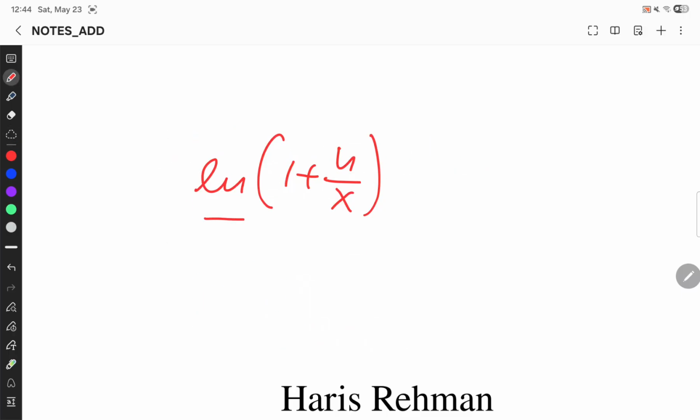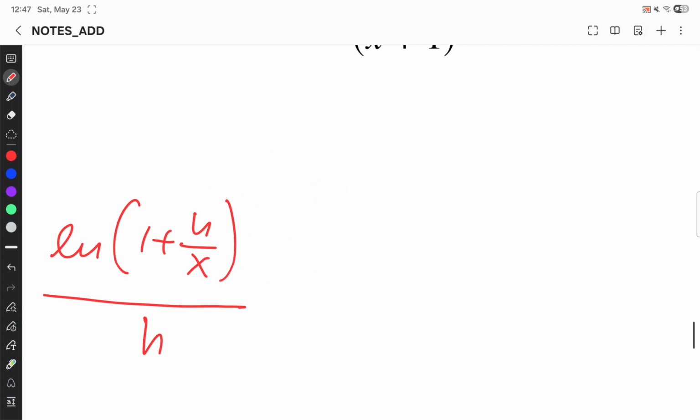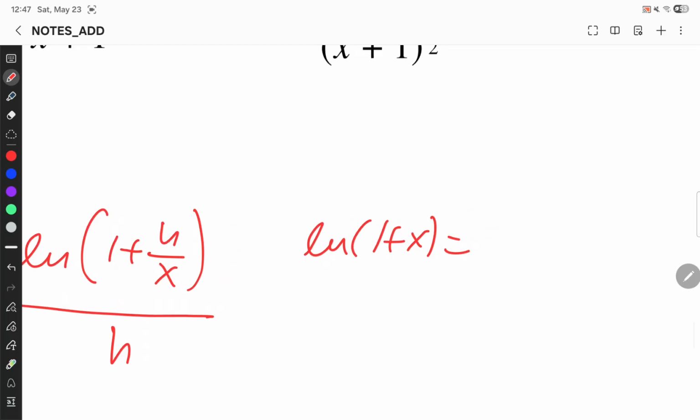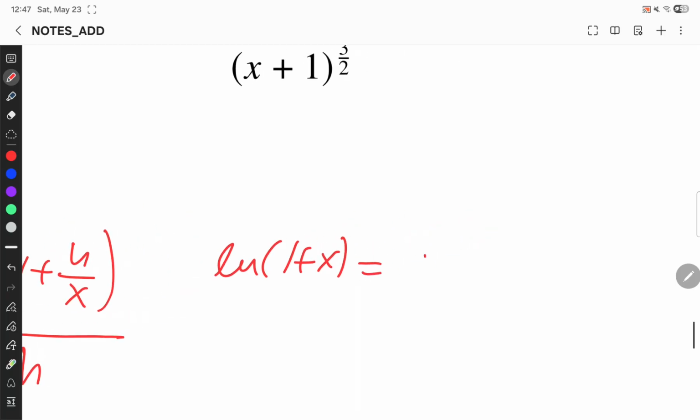This all under h. Now this is h, and okay, from the back of our hands we one day remembered natural log of 1 plus x gave us the series, the infinite sum x minus x squared over 2 plus x cubed over 3 blah blah blah.